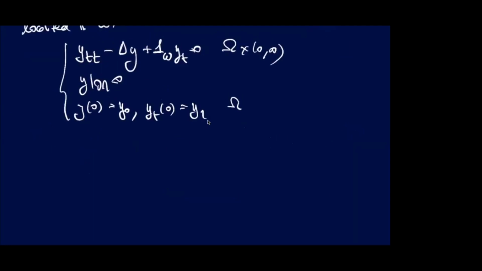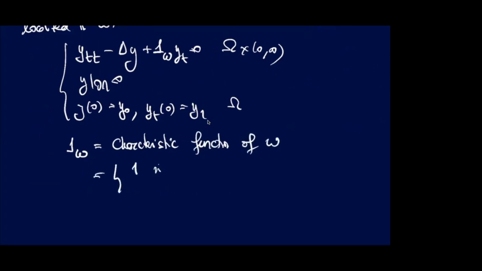Where 1_omega is the characteristic function of small omega, meaning that the value is 1 in omega and 0 outside.